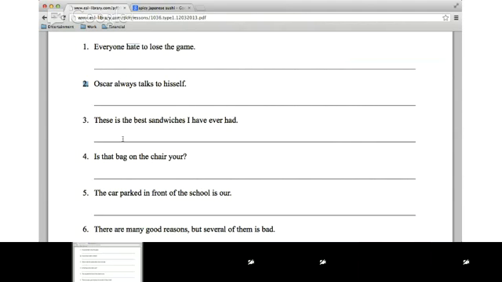Yes, we do need the S there because Oscar is third person, and when we're using verbs in the present tense, we usually add an S. But take a look at this word here.